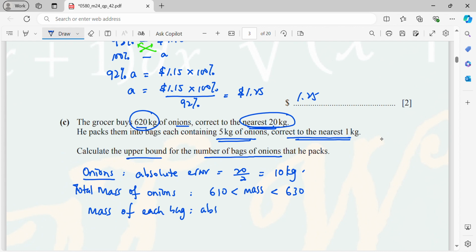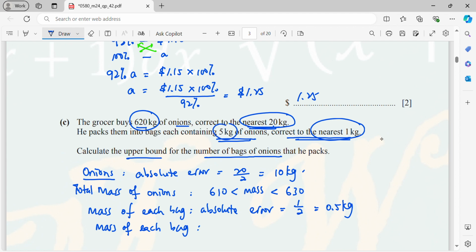Absolute error, because of the nearest 1 kilogram, so that will be 1 divided by 2, right? That is 0.5 kilograms. So that means now here my mass of each bag, it will be, this is 5 kilograms, so 5 minus 0.5, that will be 4.5. Okay, here I will write total mass.